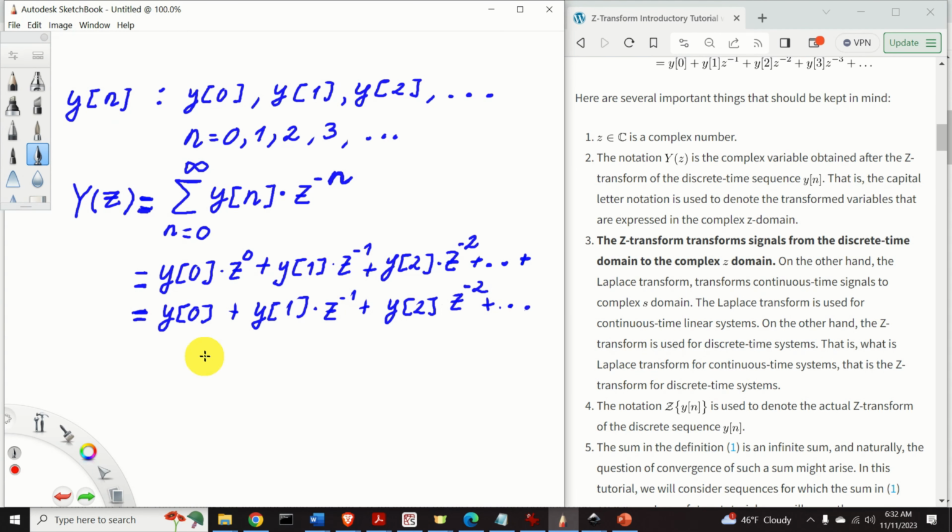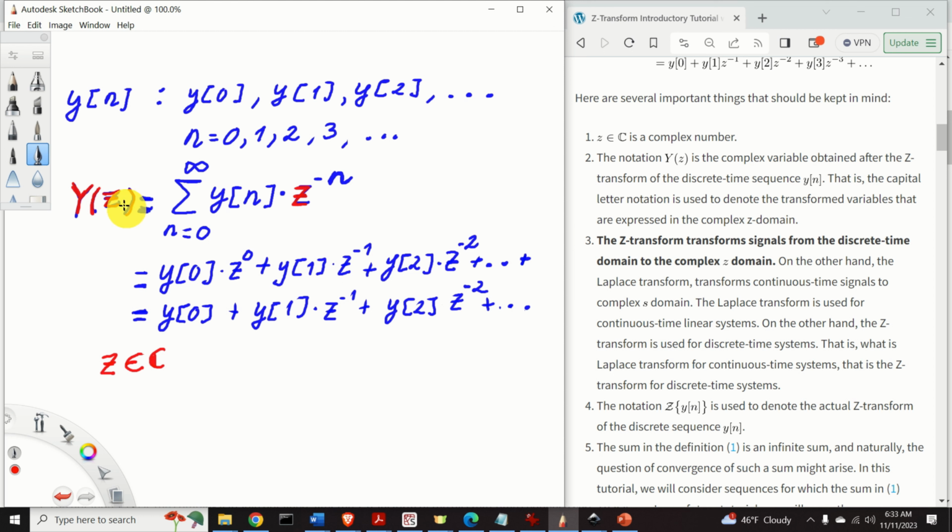Over here there are several things that we need to keep in mind. First of all, z is a complex number. It has a real and imaginary part. So always keep in mind that when you see z in the Z-transform, z is nothing less than a complex number. Then let's explain this notation, capital Y of z.